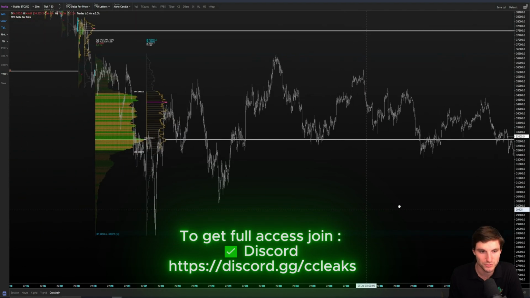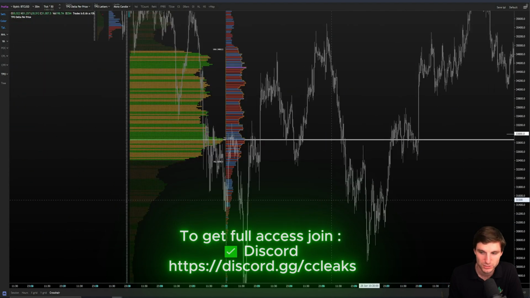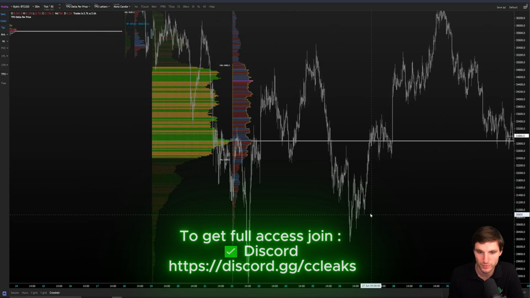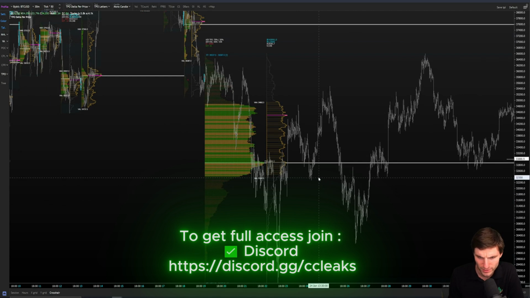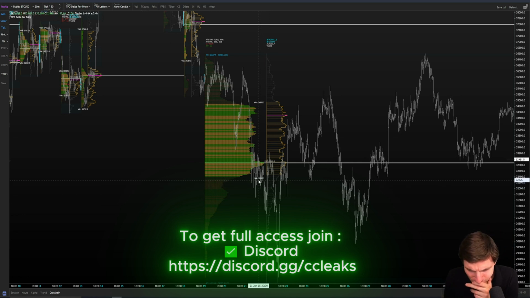The first thing that I'm going to do is mark out the levels. So bear with me while I do this a second. Remember, I always mark the furthest out. So actually, we have the time value area low as the lowest level here. Even for me this is difficult to read, so I know for all of you it's going to be even harder. 32,387.